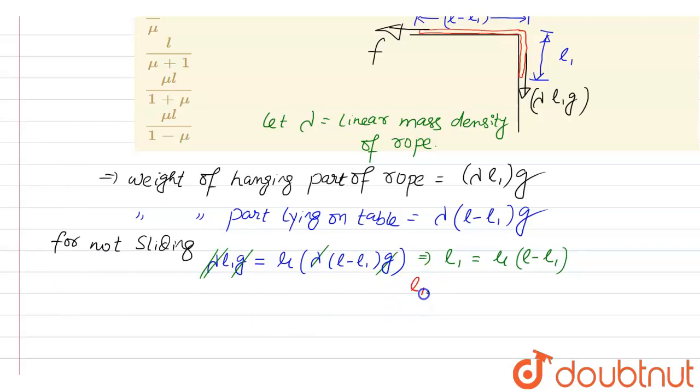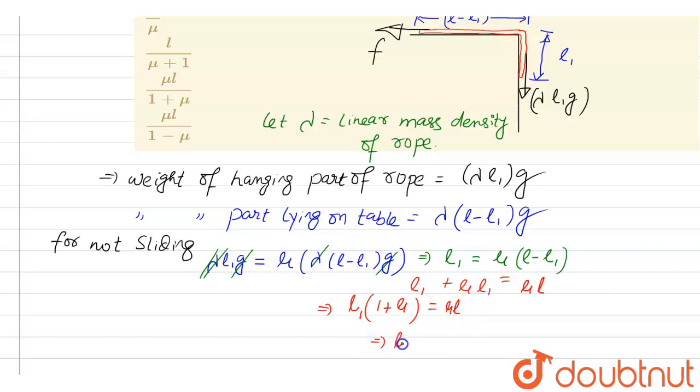L1 plus mu times L1 will be equal to mu times L. If we take L1 common, L1 into (1 plus mu) is equal to mu L.